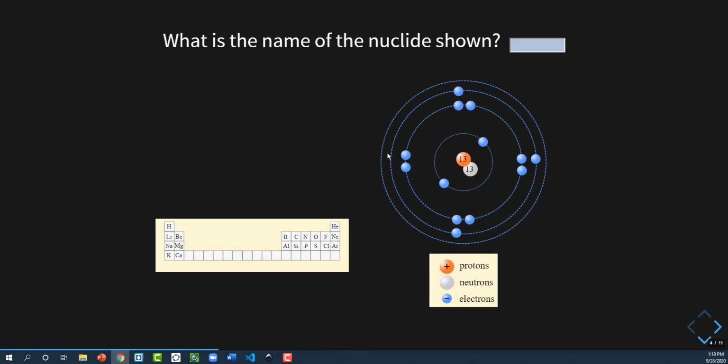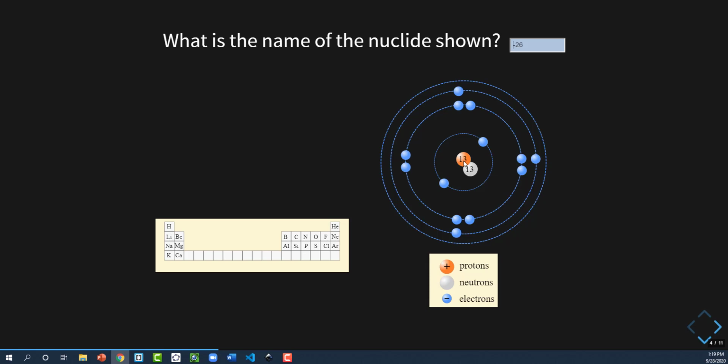Finally, the name of the nuclide. Now, the name has 2 parts to it. You have to write the name of the element, followed by the dash, and then the mass number. So we know the dash is going to be followed by the mass number, which we just figured out was 26. But now in the front here, we've got to figure out what the name of the element is. Well, how do we do that? We know the atomic number is 13.